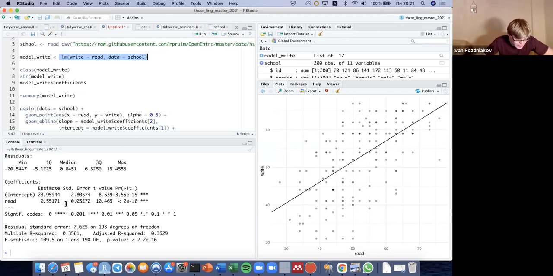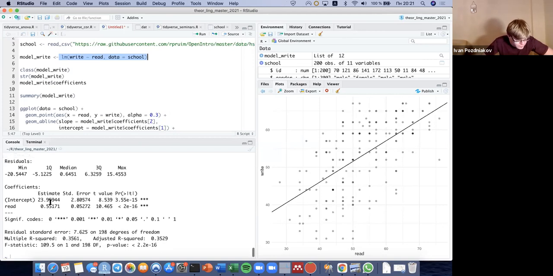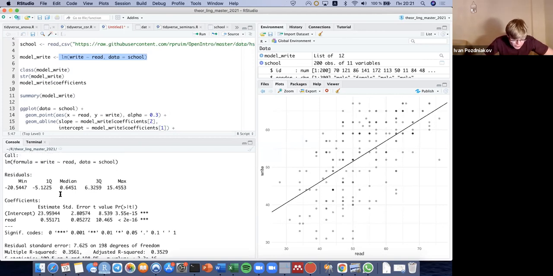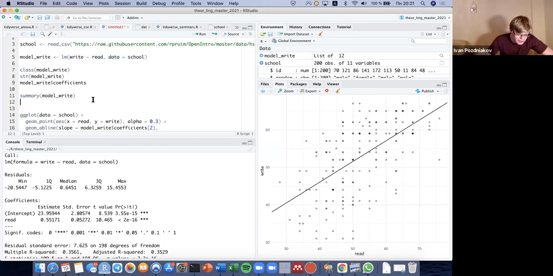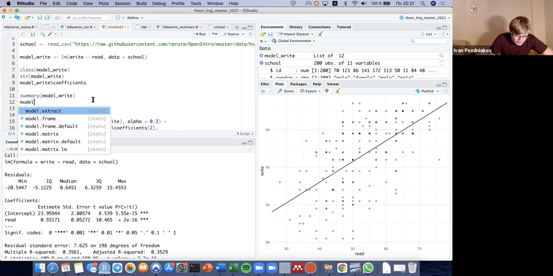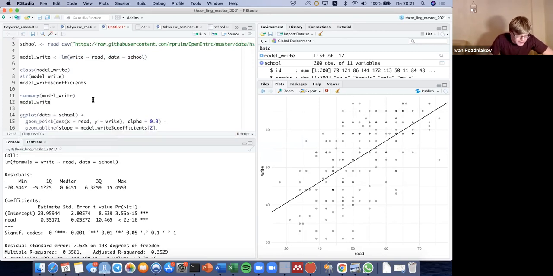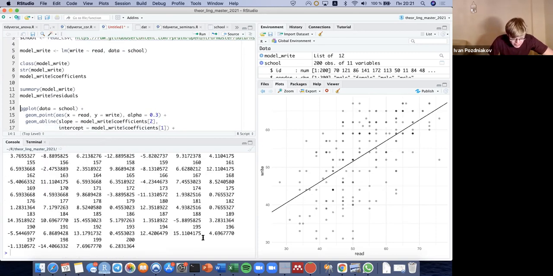So let's explore what we have. First of all, we have residuals. You can get all your residuals from the model object. For example, the second item in this list is residuals, and you get just the residual values. So for every point, you have a difference between the dot and the line.